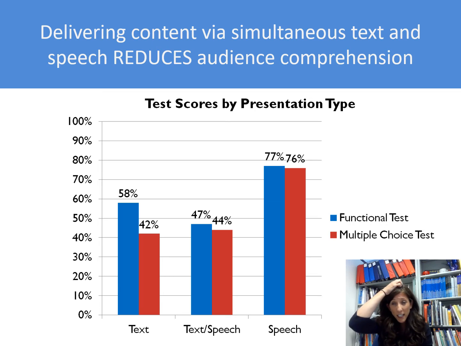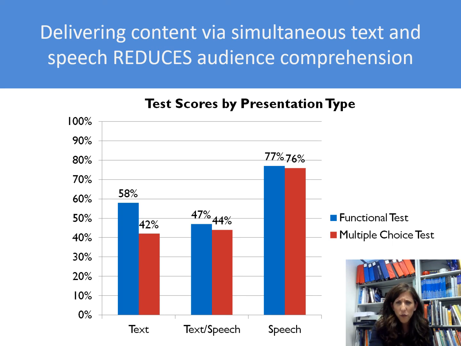And what we can see here is that when the content was delivered simultaneously through text and speech, audience comprehension was reduced, right? You can see these bars are lower than when the students saw the information just through text, and certainly when they heard the information just through speech.